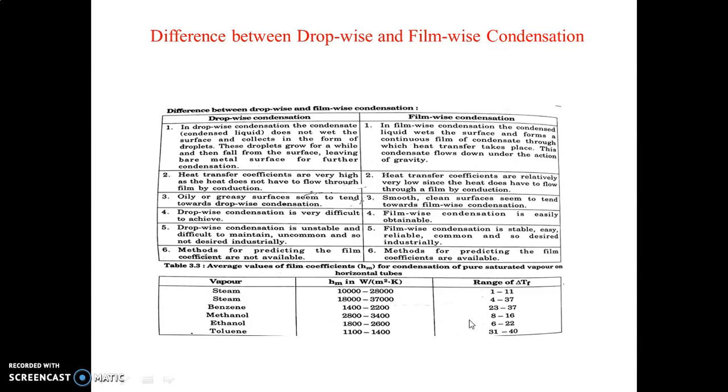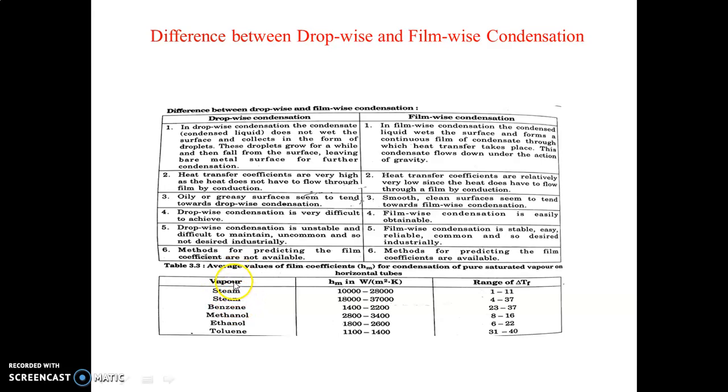So if the tube is maintained in a horizontal direction, what are the average values of heat transfer coefficient for different vapors and their temperature range is shown in this table.